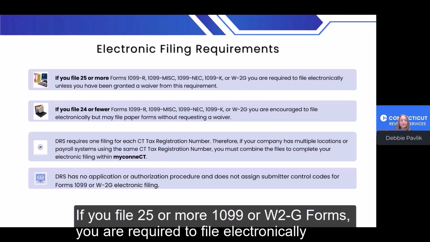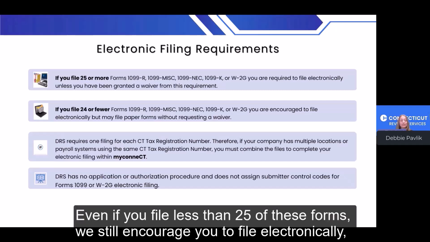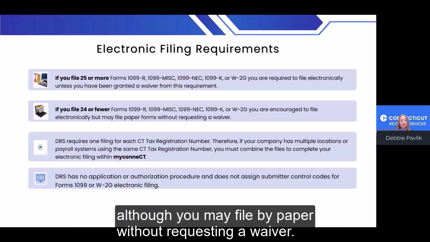If you file 25 or more 1099 or W-2G forms, you are required to file electronically, unless of course you requested and have been granted a waiver. Even if you file less than 25 of these forms, we still encourage you to file electronically, although you may file by paper without requesting a waiver.